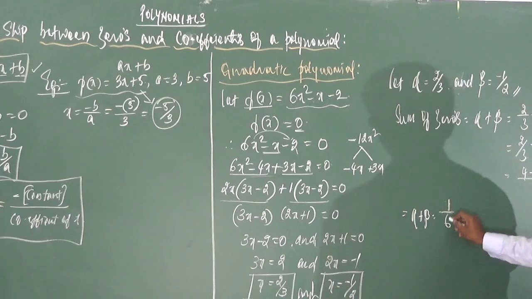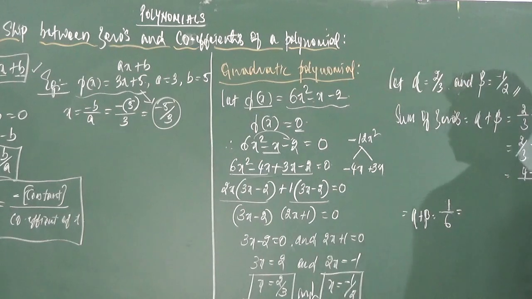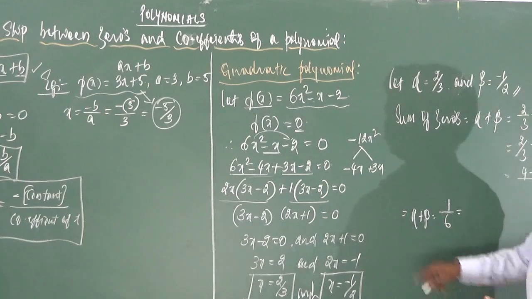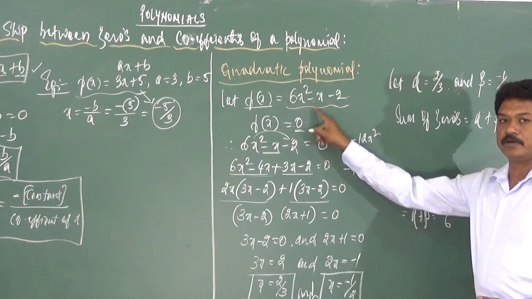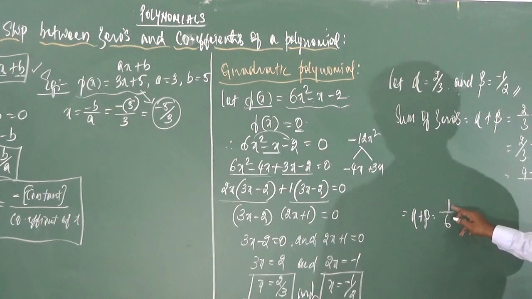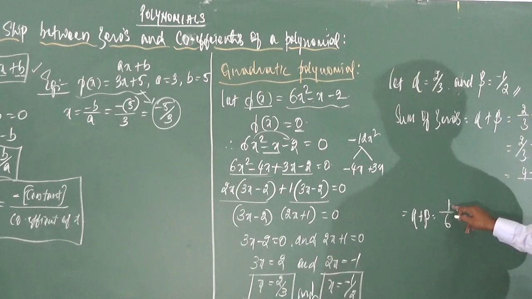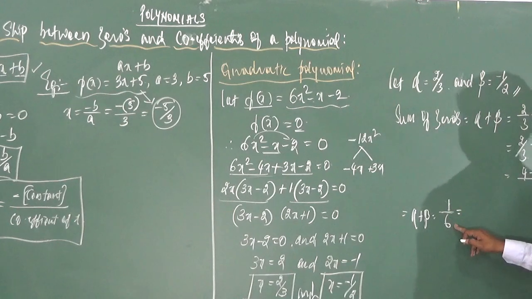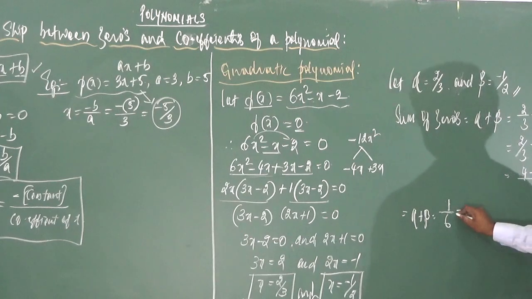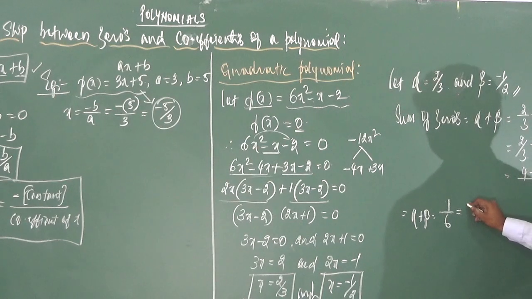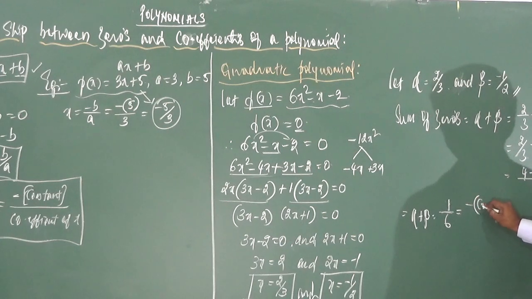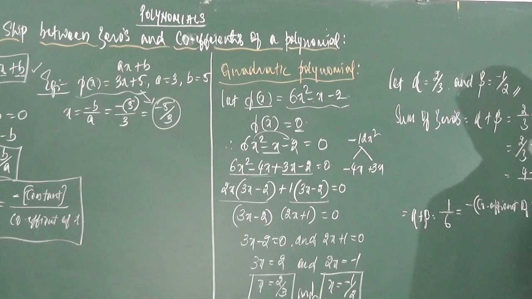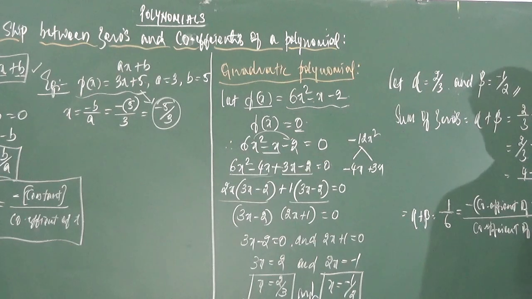Right. So here, the 1 by 6 we have got, we will redefine this with respect to the coefficients of the quadratic polynomial what we have taken here. So alpha plus beta is 1 by 6: 1 is in the numerator and 6 is in the denominator. Please observe here, you should take the negative of the coefficient of x by the coefficient of x square.